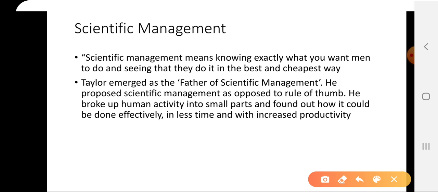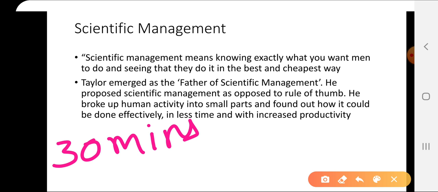Let's say, for example, on various observations, it is determined that a worker has taken 30 minutes to make a lunchbox. So 30 minutes is the standard time.